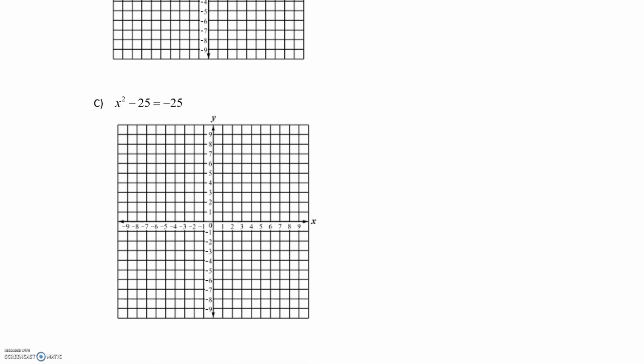And down here, first thing we need to do is add this 25 to both sides, which just gives us x squared equals 0. So we've seen this one before. And we're going to graph it. So that gives us one solution, x equals 0. Okay.